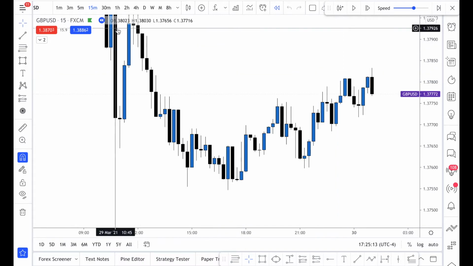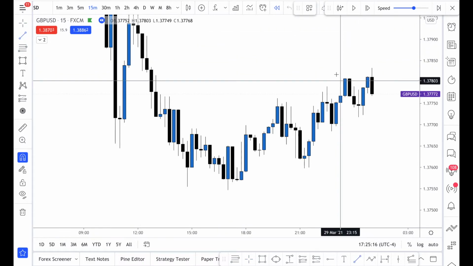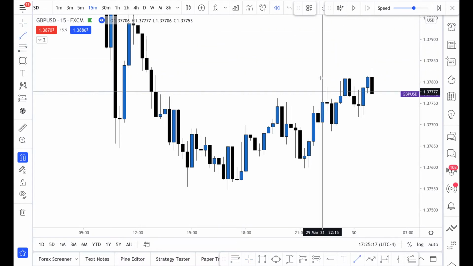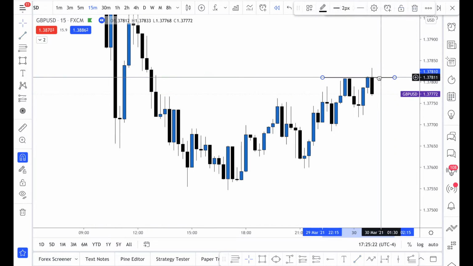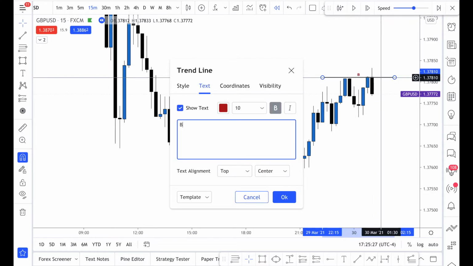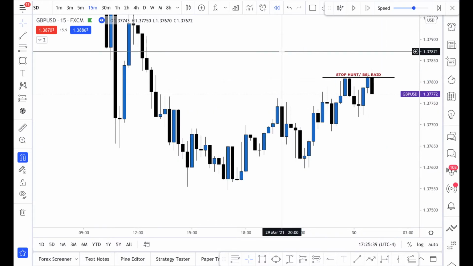We got that stop hunt. We have that raid on buy side liquidity right there. So that sweep up is going to be a stop hunt slash buy side liquidity raid. All right, so they take those buy stops.